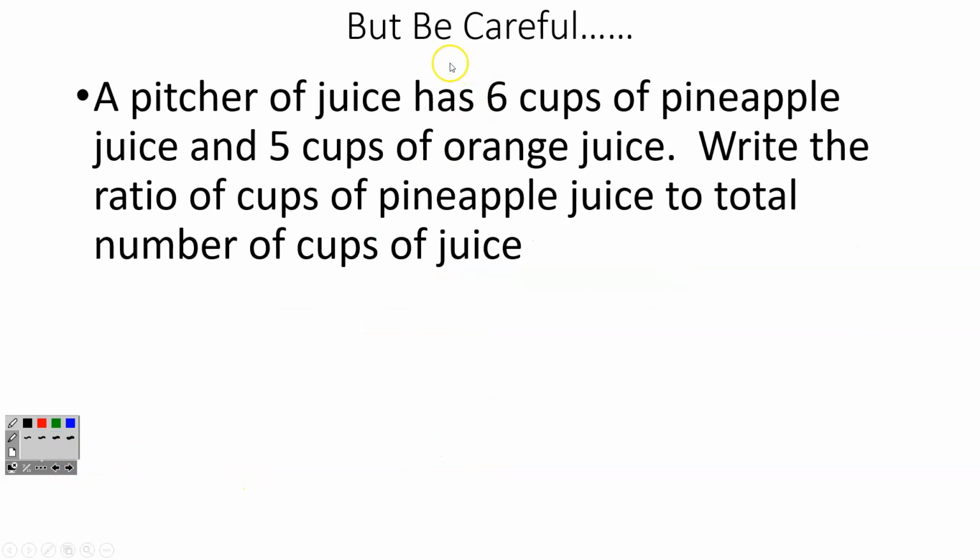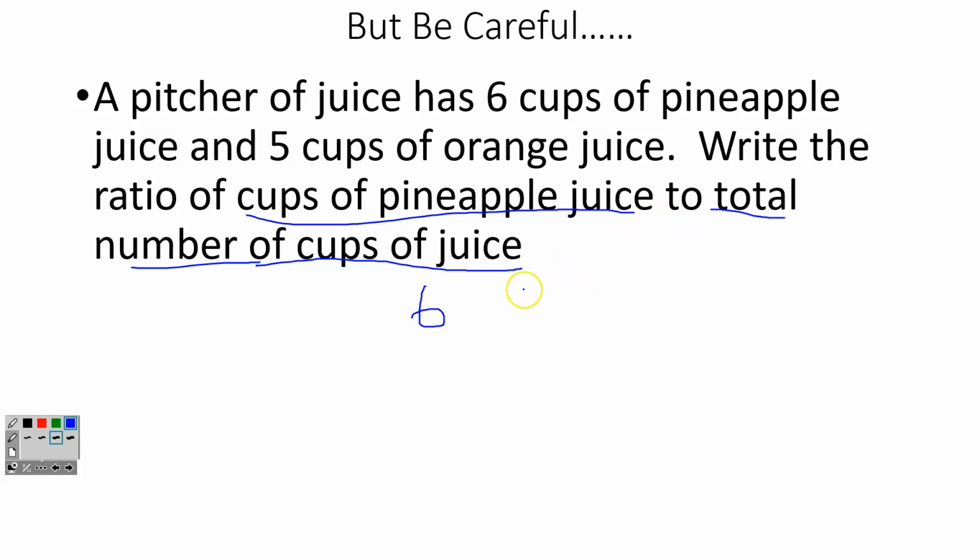So here we go. A pitcher of juice has 6 cups of pineapple juice and 5 cups of orange juice. Write the ratio of cups of pineapple juice to the total number of cups of juice. So because the cups of pineapple juice comes first in our question, we're going to use that first. So the pineapple juice is 6.